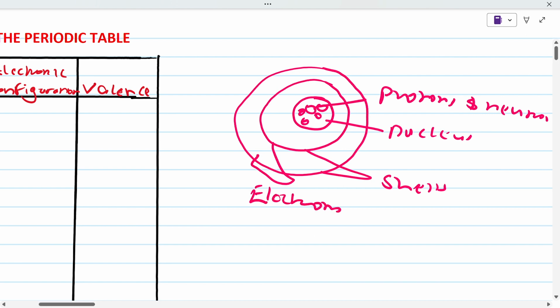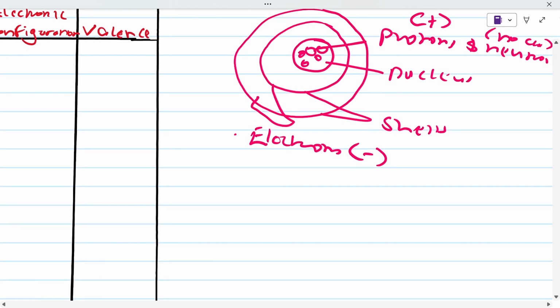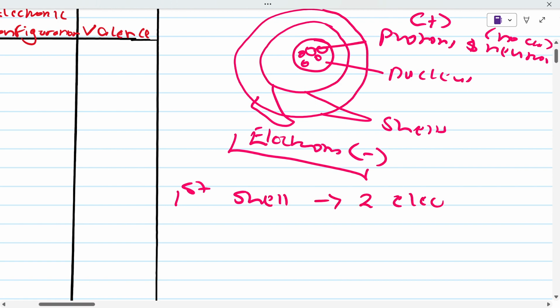And I said in the previous video that protons are positively charged, neutrons have no charge, and electrons are negatively charged. As far as capacity is concerned, that one is based on electrons. The first shell immediately after the nucleus has a capacity of 2 electrons.